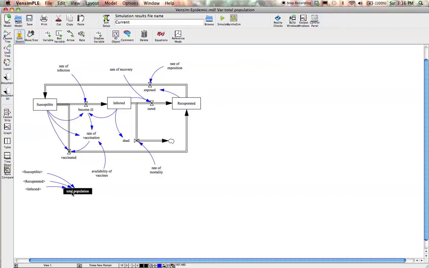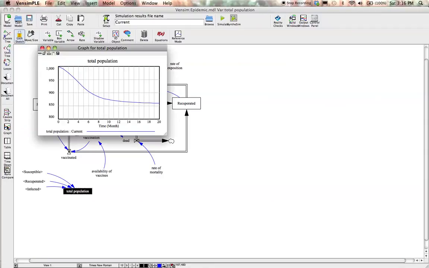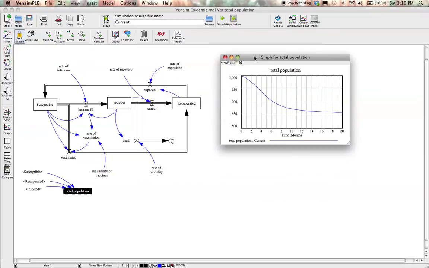You can look at the total population and graph it, and you can see that the total population started at 1,000. The effect of the epidemic in this case is to make the total population drop to just a little bit over 850 people. So there is that lasting impact of the epidemic.